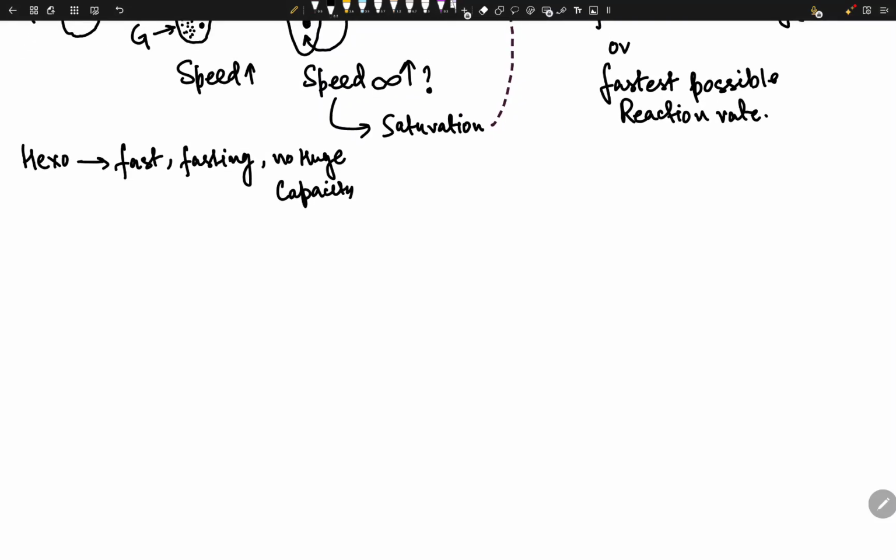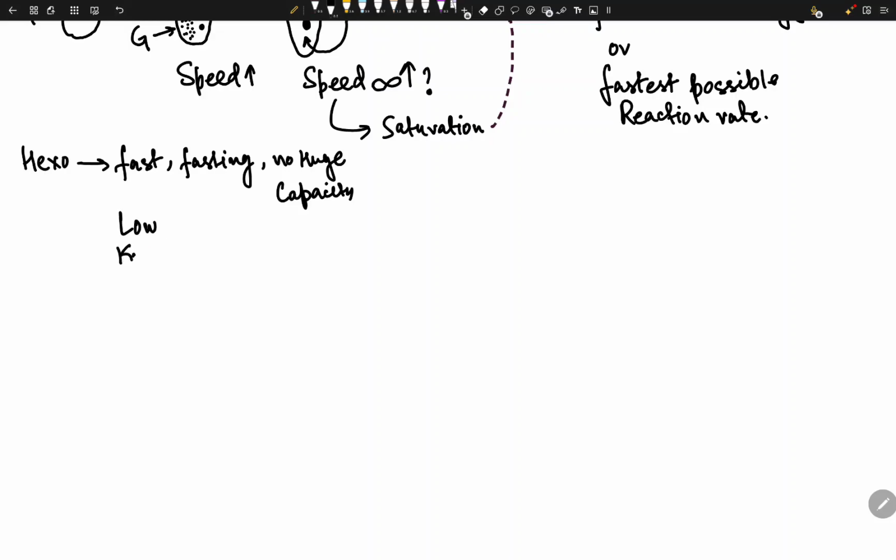Therefore, Mr. Hexokinase is going to have a low Km value, first of all. Because it has a lower Km value, Mr. Hexokinase is going to have high affinity. It's going to love to suck up that glucose. Now, because it has higher affinity, what is it going to have? A low Vmax?